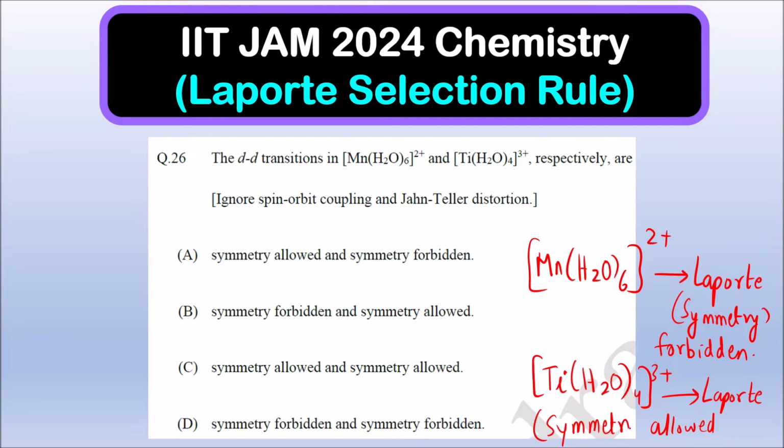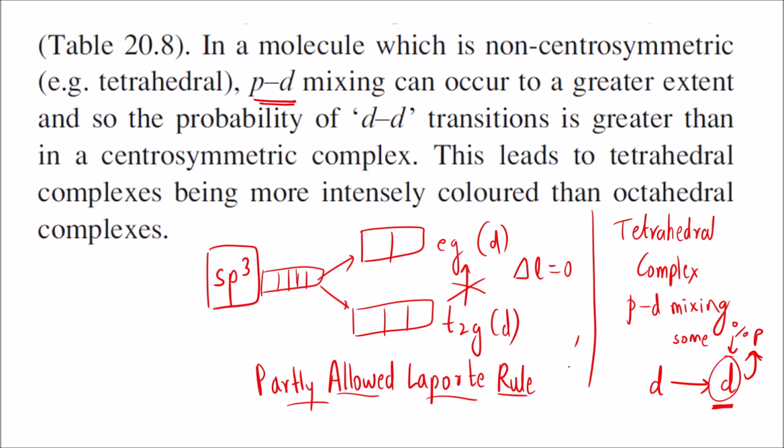It is a symmetry allowed transition, because here there is no center of symmetry present. A tetrahedral molecule is non-centrosymmetric. Why is it called non-centrosymmetric? Because this is the basic structure of a tetrahedral complex.